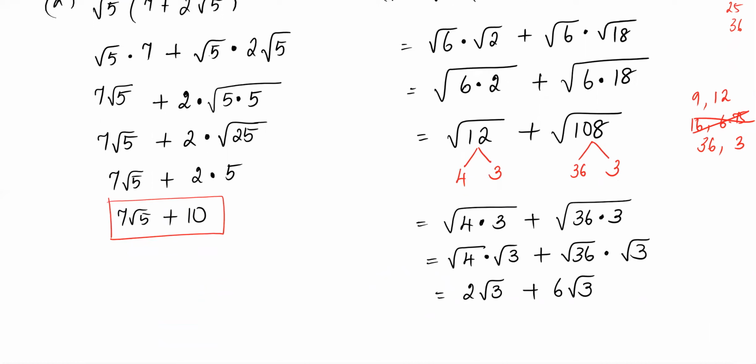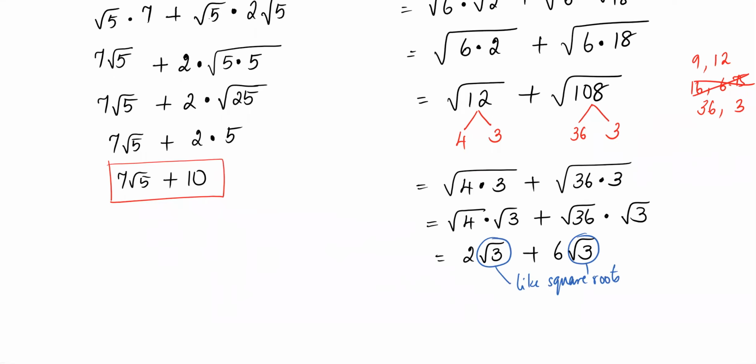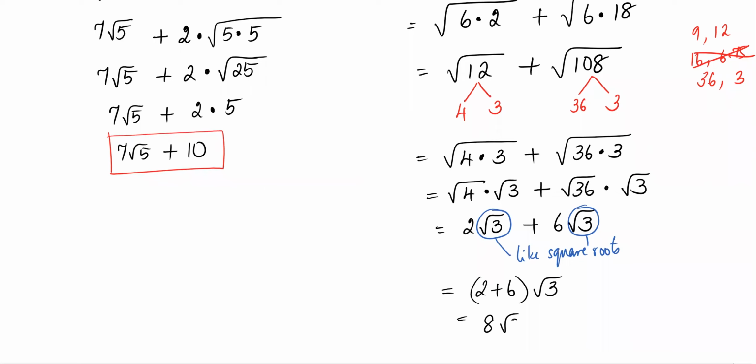And we stop at this point and see if these are identical. Yes, they are like square roots. So we're good to go further and do 2 plus 6 times the square root of 3, which is nothing but 8 square root of 3. And that is our final simplified answer.